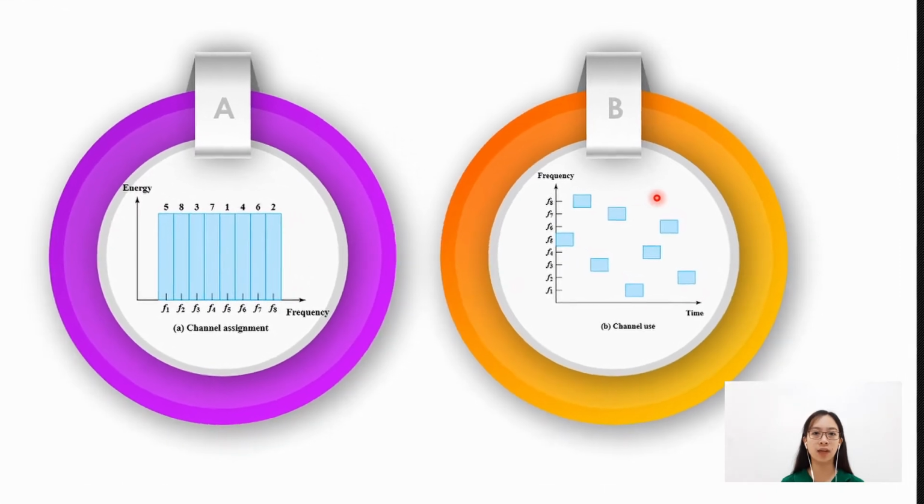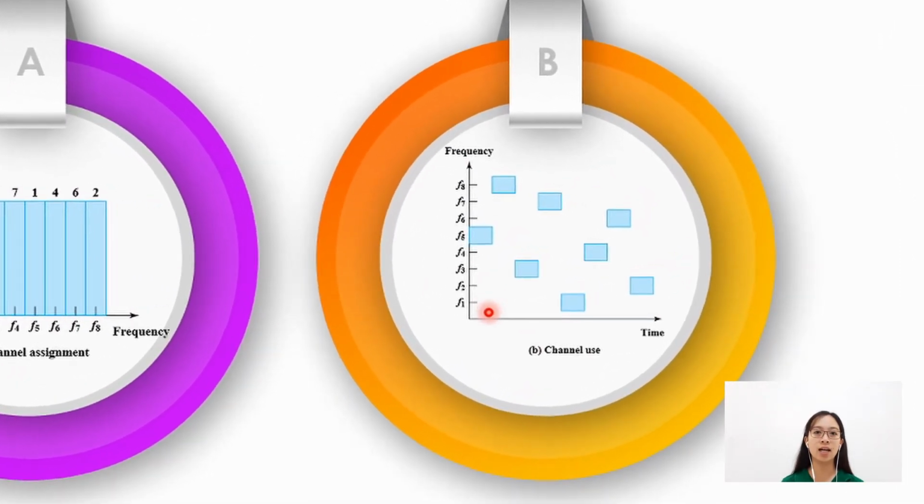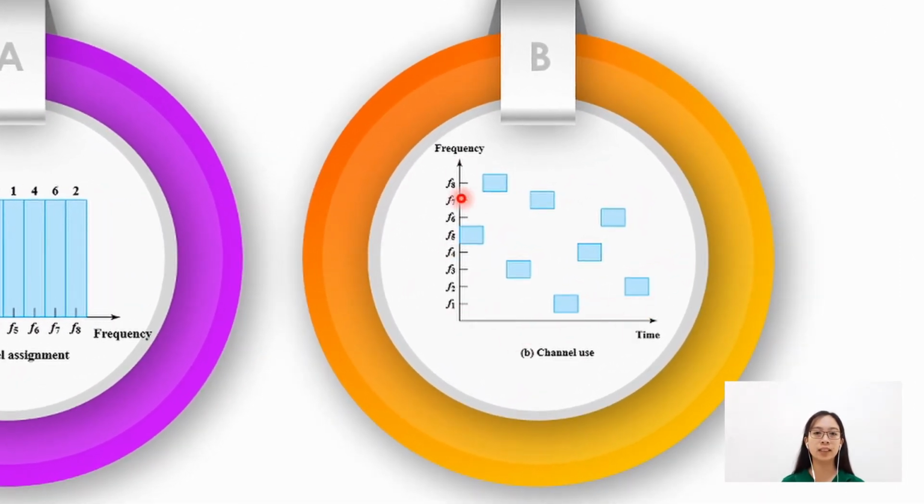In the next figure, the x-axis is the time and the y-axis is the frequency. The signal hops between them in the following sequence: F5, F8, F3, F7, F1, F4, F6, and then F2.